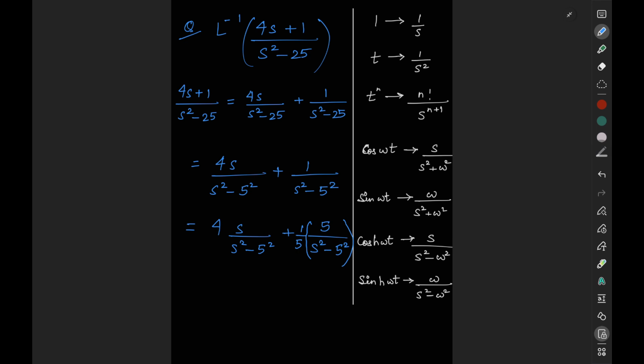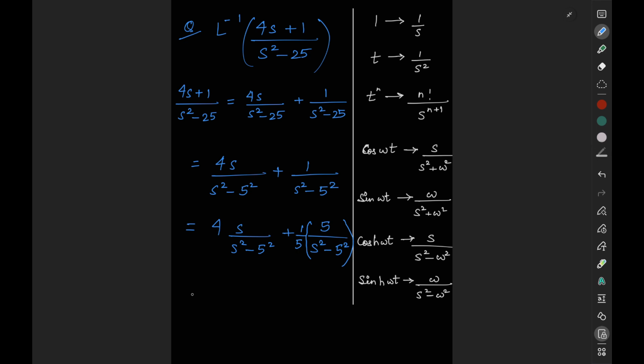Now the first term is the Laplace of cos hyperbolic omega t, and the second term is the Laplace of sine hyperbolic omega t.